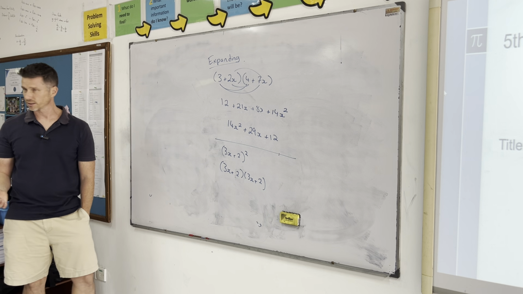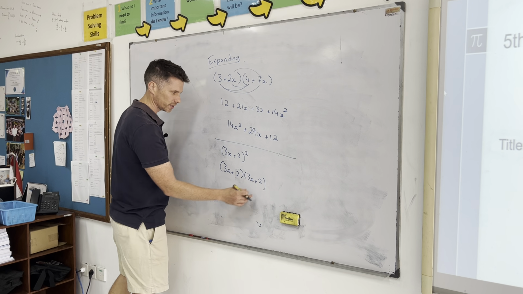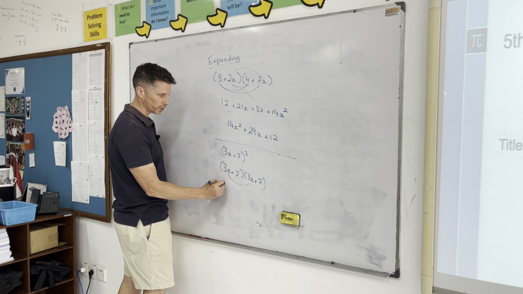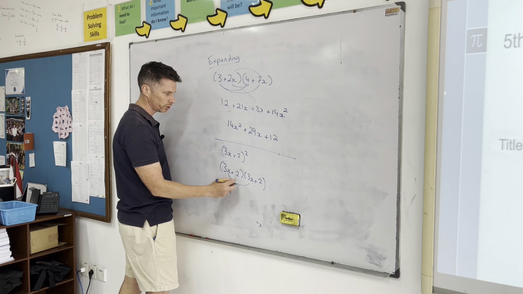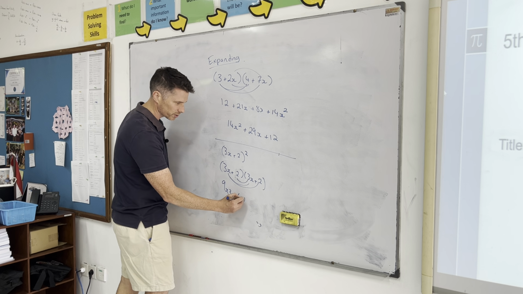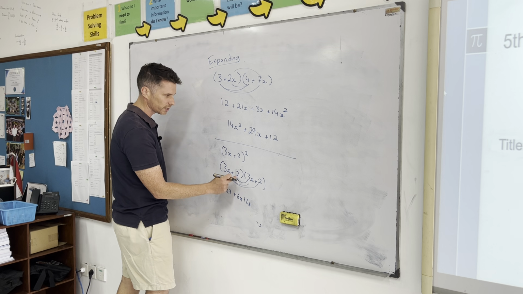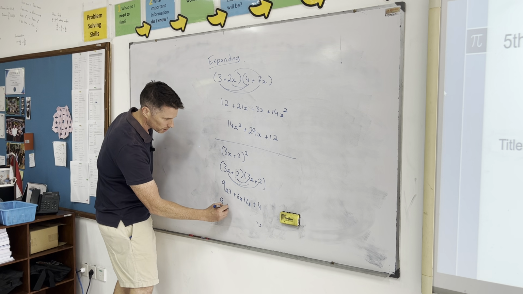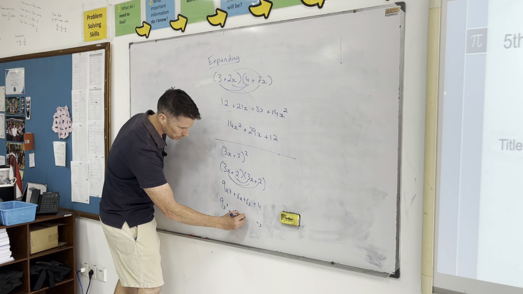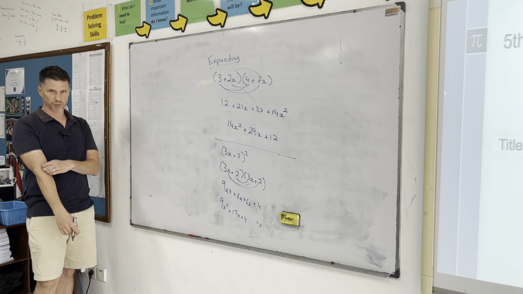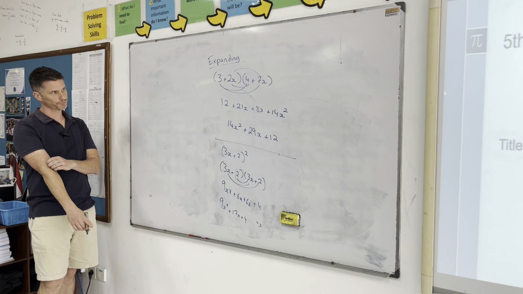It is more than that because everything must be multiplied by everything else, and it's the same process. 9x squared, these two multiplied, plus 6x, and another plus 6x with the middle two multiplied, and then the last two multiplied plus 4, and I get 9x squared plus 12x plus 4. And that's two simple examples of expansions.